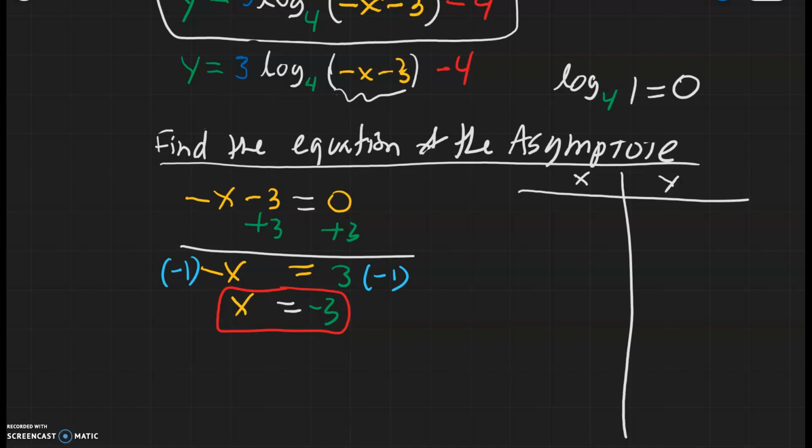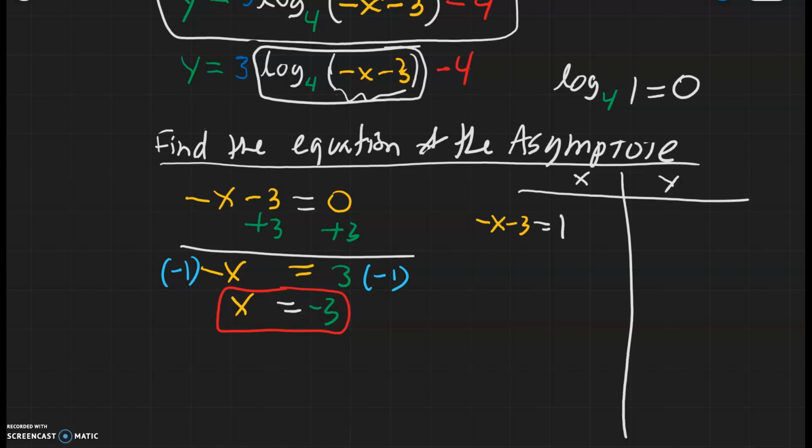So that makes this entire quantity equal to 0. All we have to do is take what's inside the parentheses, which is negative x minus 3, and we want that to equal 1 somehow. So all we have to do is solve for x.